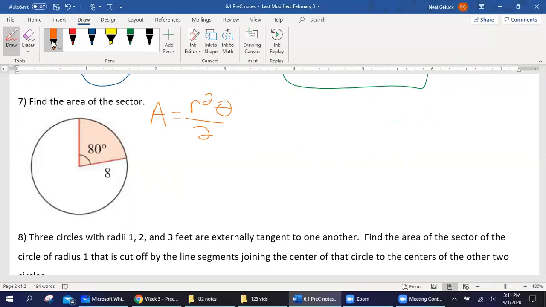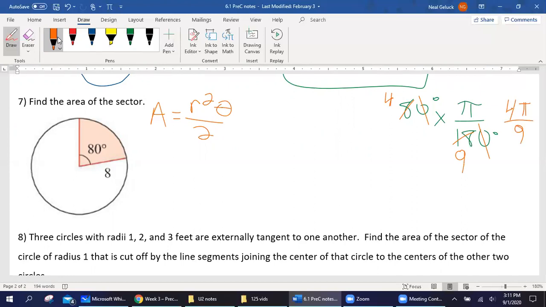I need to be in radians, so off to the side, I've got to convert. 80 degrees times pi over 180. Again, if I reduce this, it'll come down to 4 pi over 9. So my angle in radians is 4 pi over 9.